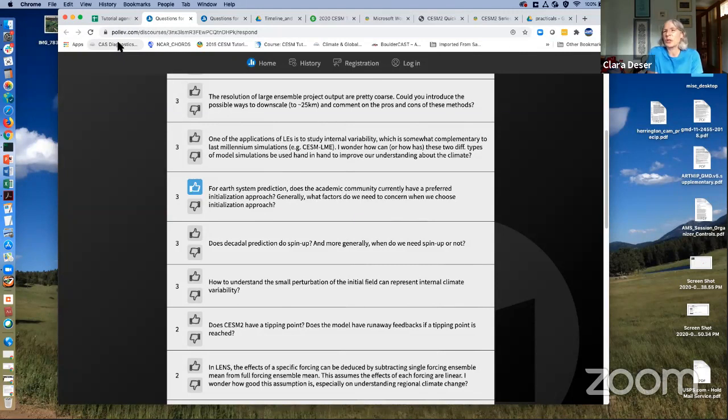You can do large perturbations, but small is nice because then you know it's truly unpredictable, this butterfly effect. So there is some nuance to this question too, and that is, how do you fully sample the realm of internal variability in the ocean, and does your approach to initializing a large ensemble adequately do that?